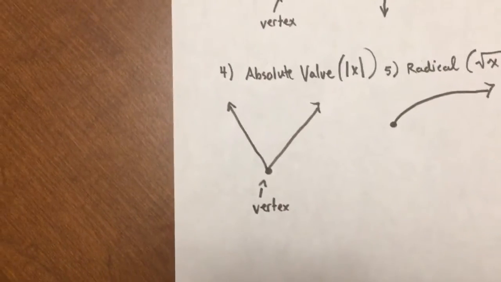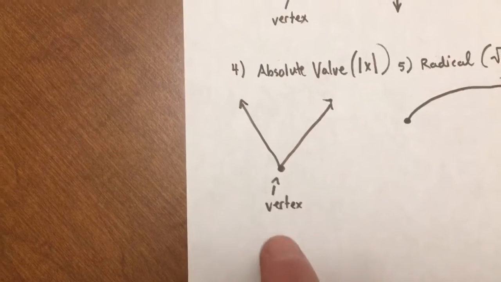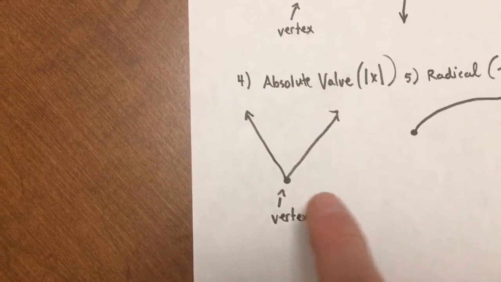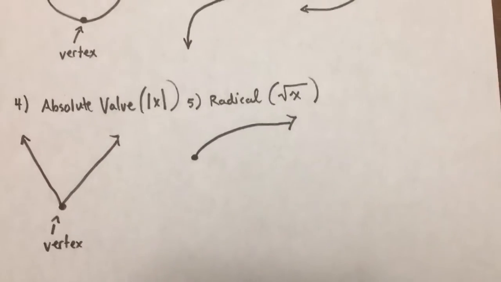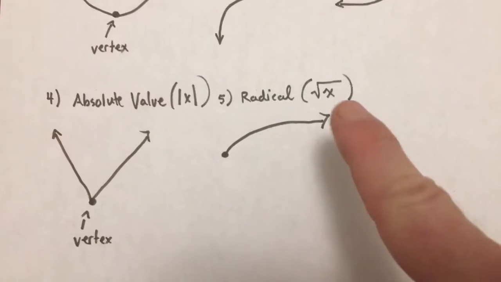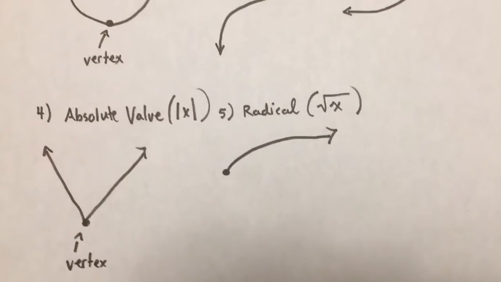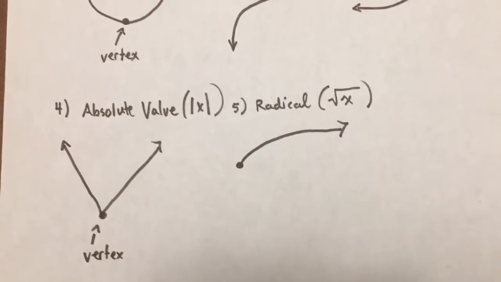The behavior of absolute value functions ends up being a V-shaped function, where your vertex is right there where the point is. And then the fifth and final example is what we call a radical function, where your input variable is inside of a square root operation. And so you end up getting a partial curve like this.